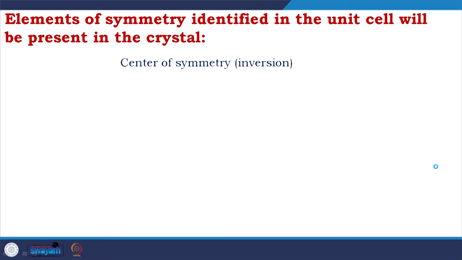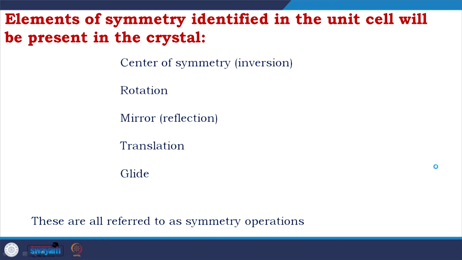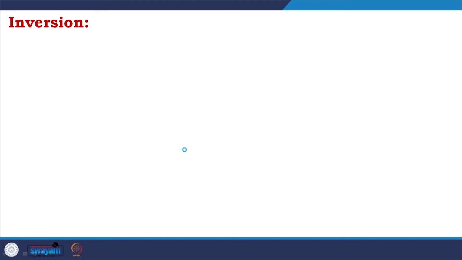One, the center of symmetry, which we call inversion. Rotation, mirror, which is reflection, we will talk about them. Translation, which is movement, and glide, which is a combination of reflection as well as translation. So, they are all referred to as symmetry operations.